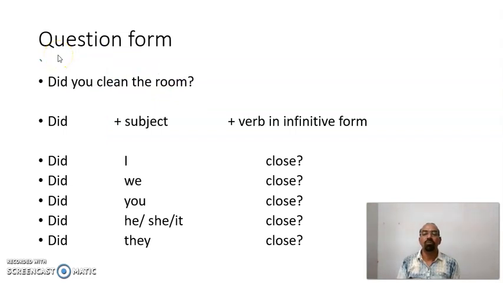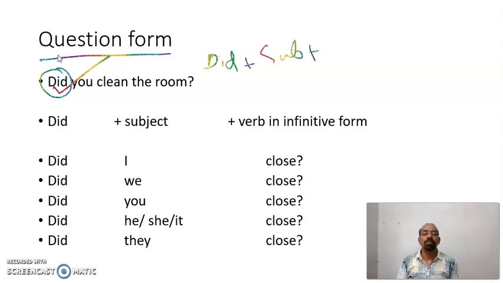Now let us check some question forms. Did you clean the room? So this auxiliary we use at the beginning. This is the question form: did plus subject plus verb in infinitive form.